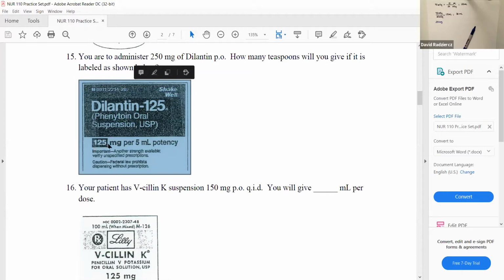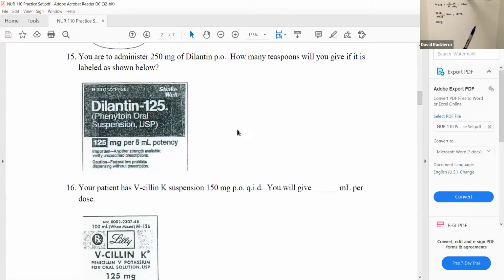It's 125 milligrams per 5 milliliters. Sometimes this will tell you that there's 500 milliliters of this solution or 200 milliliters or 100 milliliters. That doesn't matter. That just tells you how much is in the bottle. You need to know how much you're administering per dose or what's available, your potency. Okay. So 125 milligrams per 5 mL is what's available.